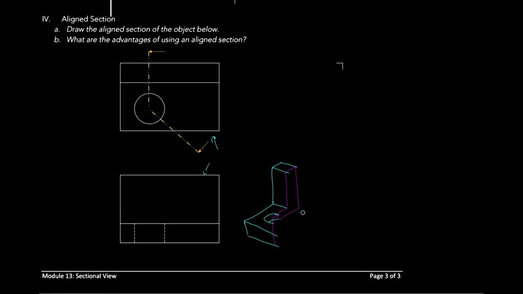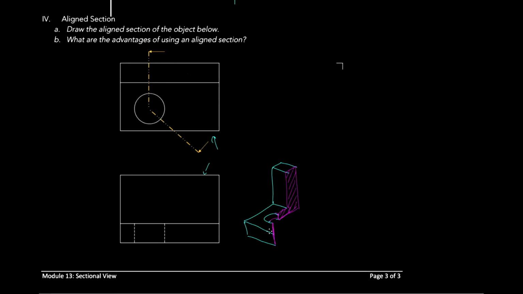Let's estimate. Ganyan. I end up with something that looks like this, no? And sakto lang sa view na to na naka-edge view siya. So I can just remove this. Okay? So parang ganyan yung nakikita ko.